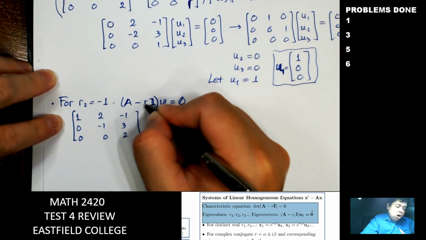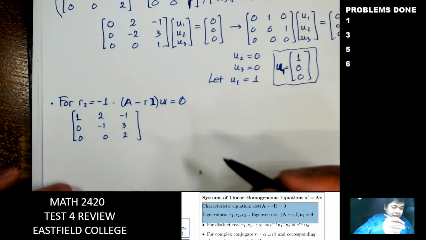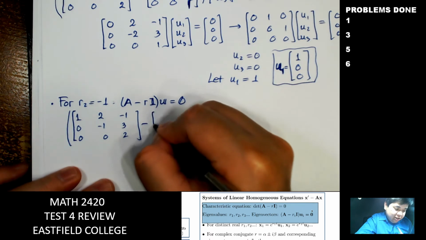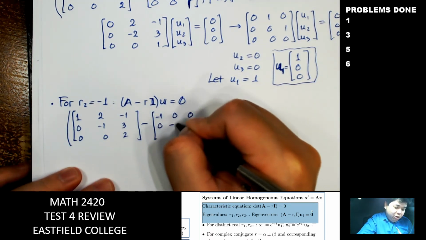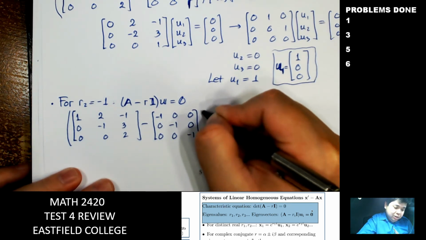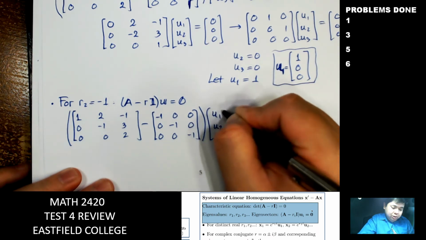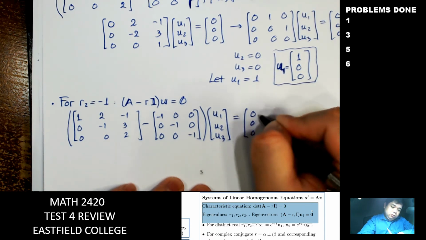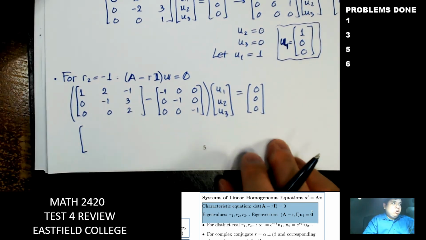Now I will subtract R from the diagonal. R is -1. Let's not skip any step. So -1 for the diagonal. Right, combine the matrices.